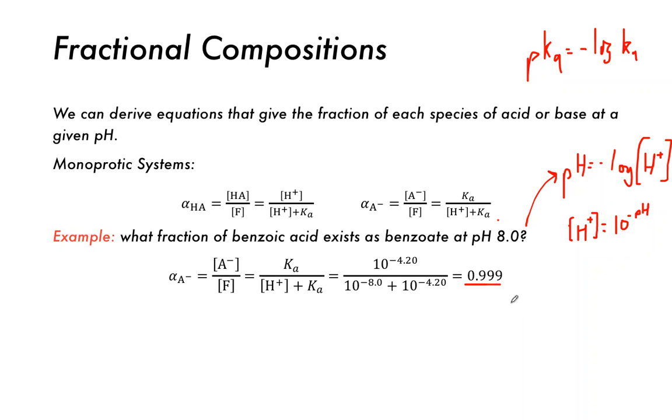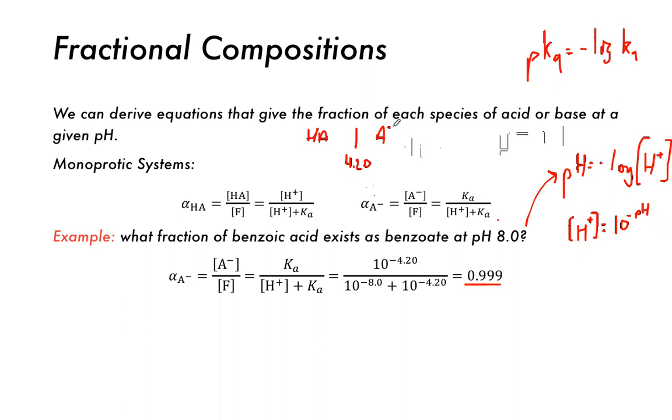So that's almost totally benzoate. There's almost no benzoic acid still in solution. And that makes sense, because remember what we talked about earlier: at pH 4.2, which is the pKa, we have an equal concentration of the acid, benzoic acid, and the benzoate.